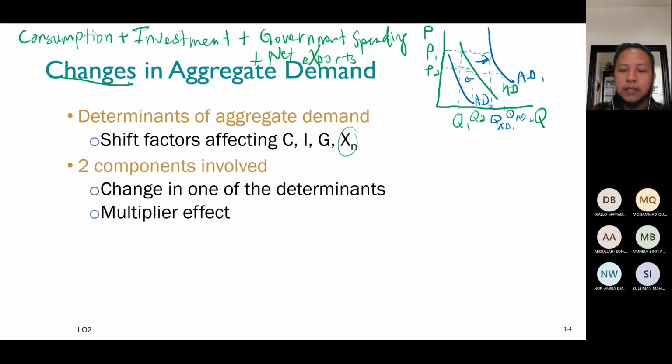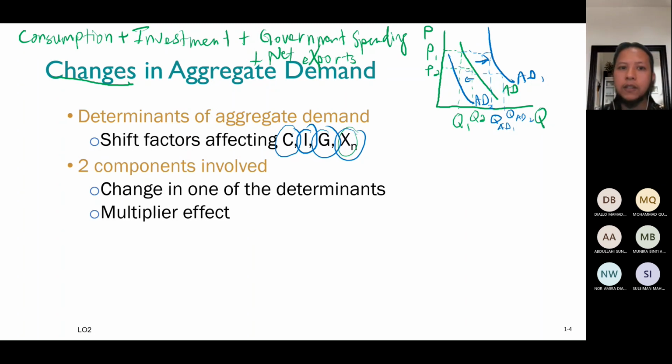And basically, this shift from AD to AD1 and AD2 depends on the changes of C, the changes of I, the changes of G, the changes of NX. So usually there might be a change, for example, in the consumption value.